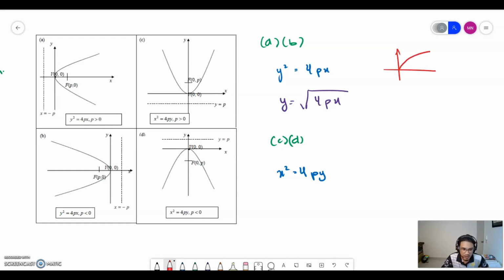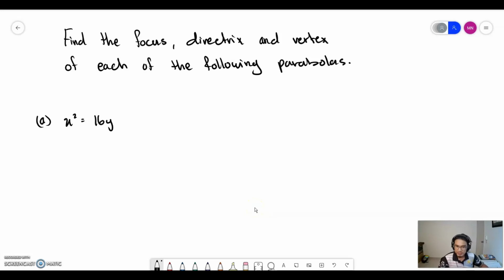And meanwhile, for parabola C and D, where the equation is x squared equal to 4py, which is almost similar to y equal to x squared, a quadratic function that opens vertically. Okay, so that is how you can differentiate these two kinds of formula for these two kinds of parabola. Okay, so now let's look at an example.